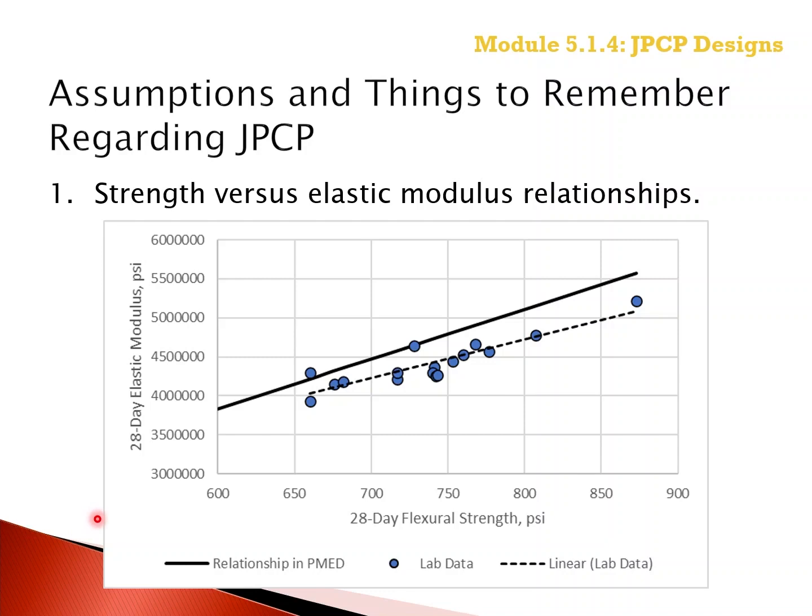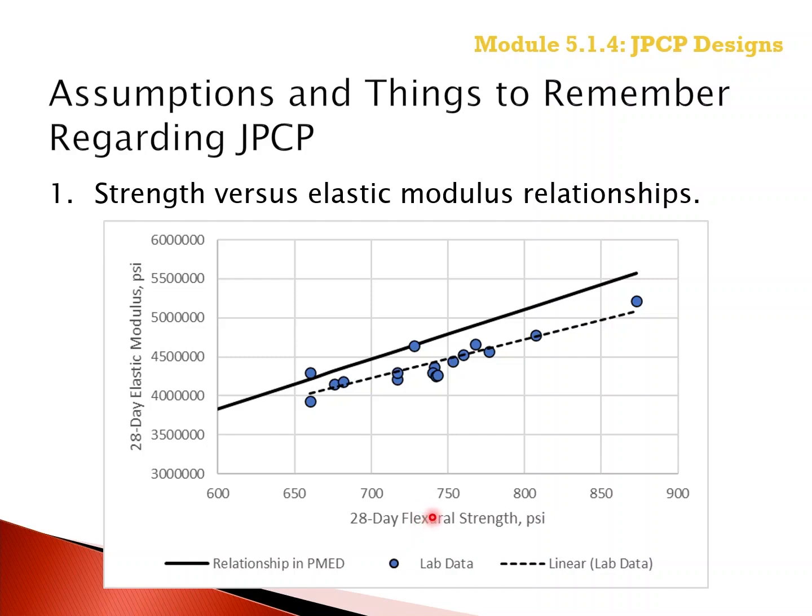Not to confuse you, but the strength variable included in this slide is the 28-day flexural strength, not the compressive strength. The 28-day compressive strength was included as a strength value in the previous slide for illustration purposes.